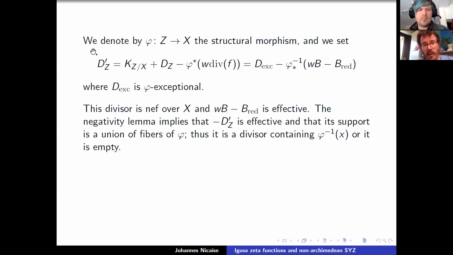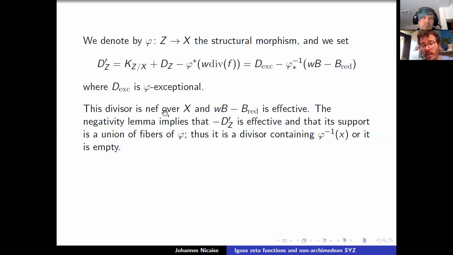So this divisor, D_Z prime, is still nef over X because we know that K_Z plus D_Z was nef. That's the effect of the MMP. And then the only thing we've done is we've added or subtracted pullbacks of divisors on X. But that doesn't change nefness relative to X. That's a consequence of the projection formula.